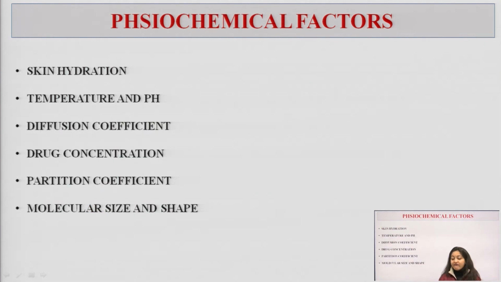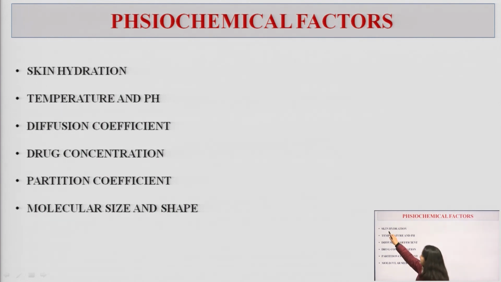Here we have another set of factors that we must keep in mind while formulating a topical agent, that is, physiochemical factors. Physiochemical factors play a very vital role if we want to formulate a topical dosage form, because by understanding these factors we can change the medicaments or the factors that influence the medicament.